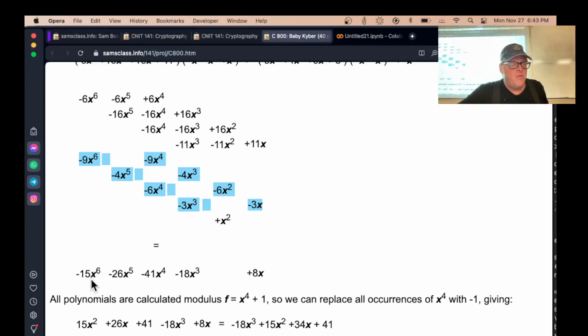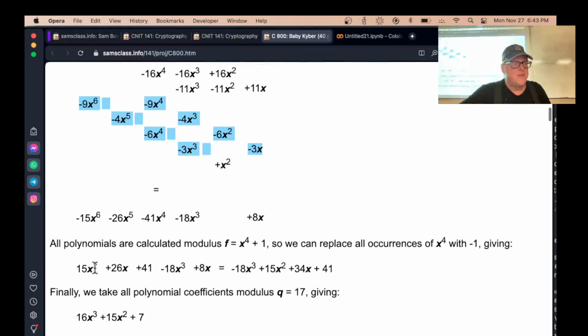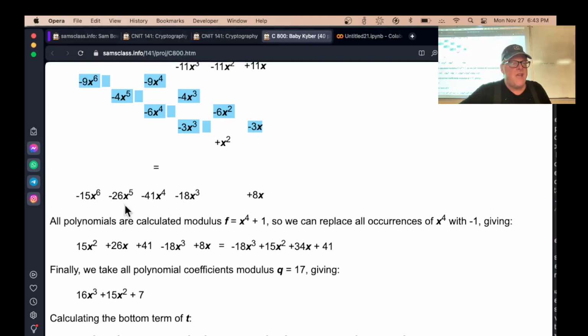So if you take an x to the 4th out of here, you get 15x squared. Minus 15x to the 6th is 15x squared, because the x to the 4th is just minus 1. This one, you have 26x, and you change the sign, because x to the 4th is minus 1. This minus 41x to the 4th is just plus 41, because x to the 4th is minus 1. And the rest you leave unchanged.